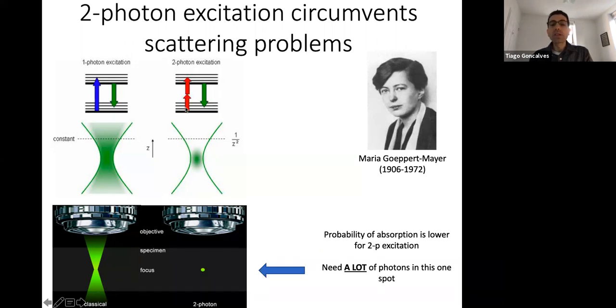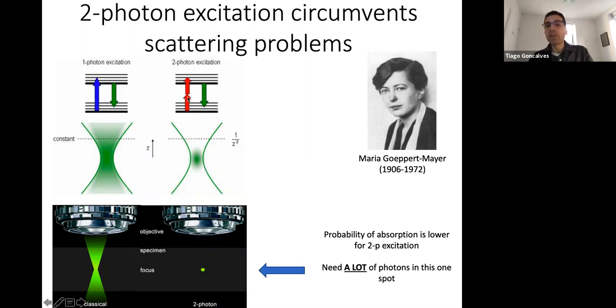Here, what you do is you excite with photons of approximately half the energy. So because they have half the energy, you need 2 of them. And if you extend this to 3-photon microscopy, you need approximately a third of the energy. Energy is not exact. And you need 3 photons instead of 1.